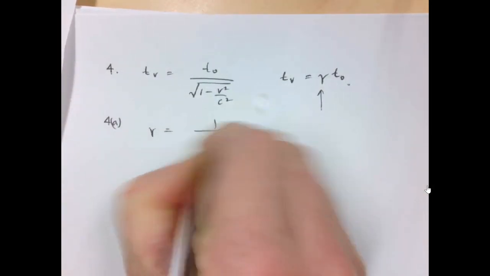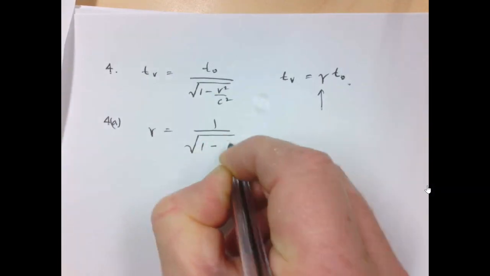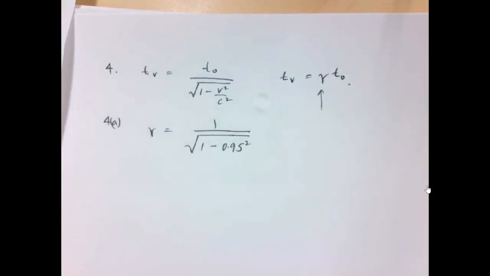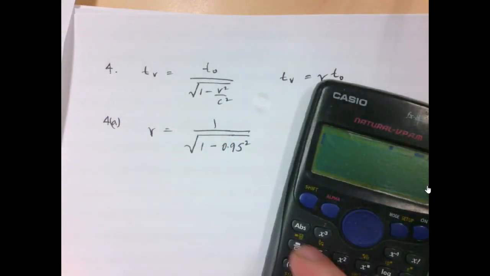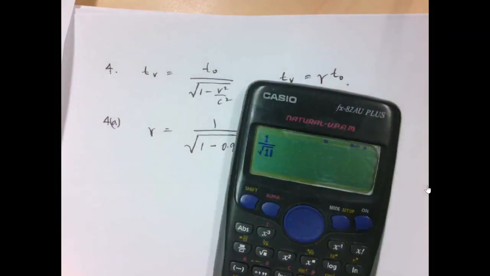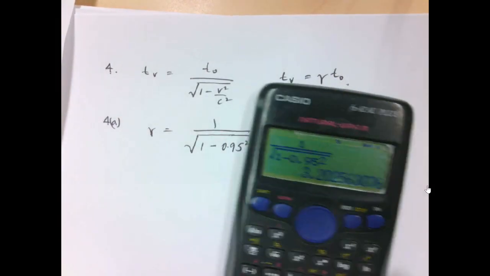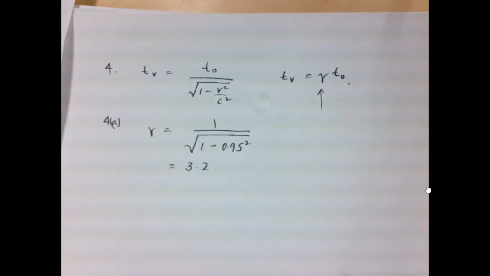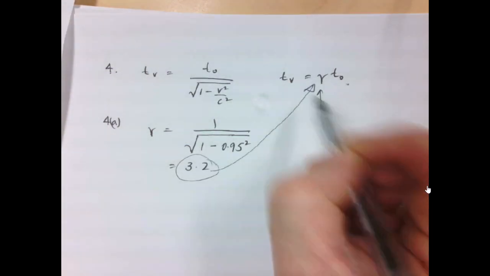The gamma factor will be 1 over the square root of 1 minus 0.95 squared, and that's 3.2. Okay, so that's the first thing we need to do. So we've now got that value there.